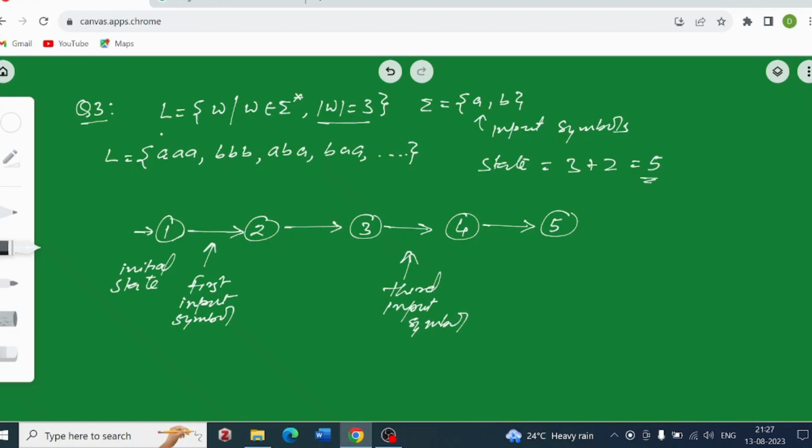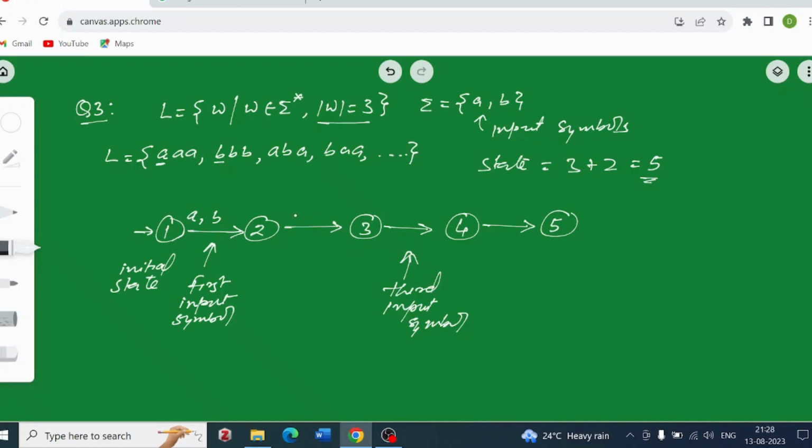So according to the language given, the first input symbol, that is the first position of the input string, can be either A or B. So by reading either A or B, the machine will reach from state number 1 to state number 2.